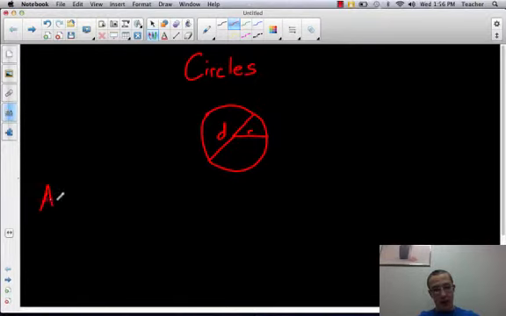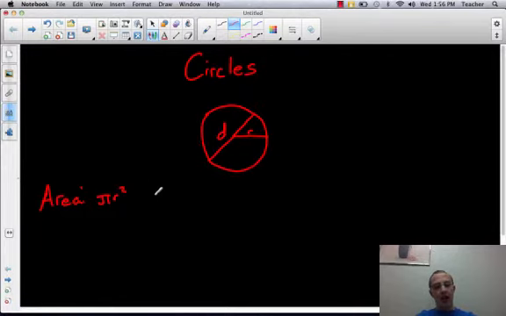Now, let's figure out how to find the area of a circle. Well, the area of a circle is actually incredibly simple. It's pi r squared. Some people think they're round, but pi are really squared. That was a dumb joke. Anyway, pi r squared will give you the area of a circle.